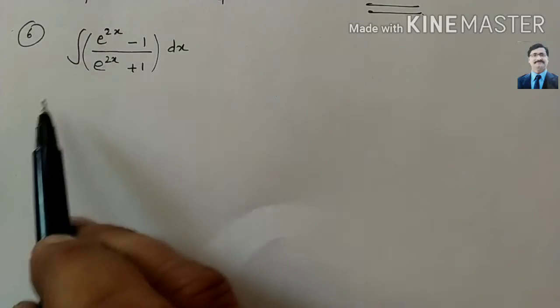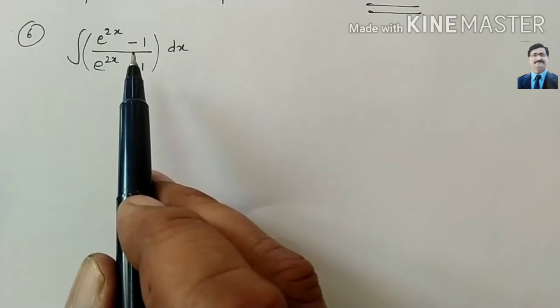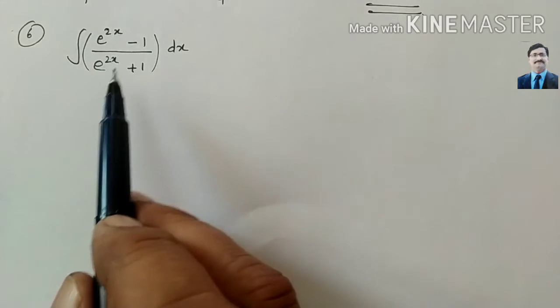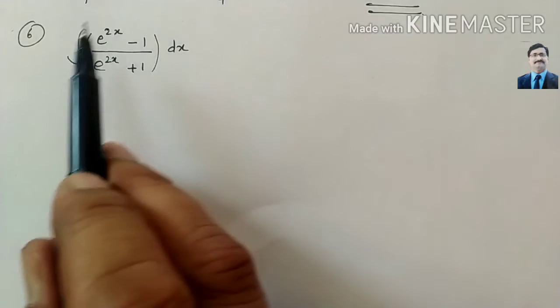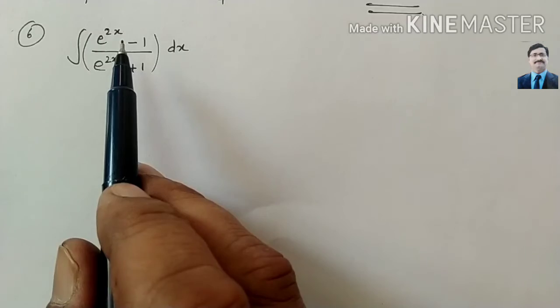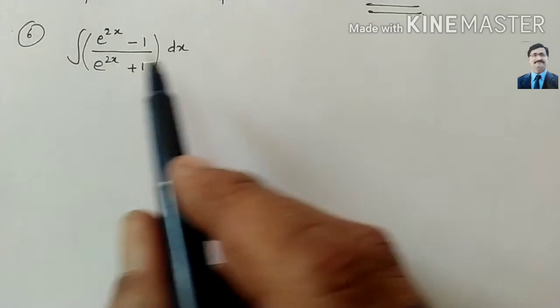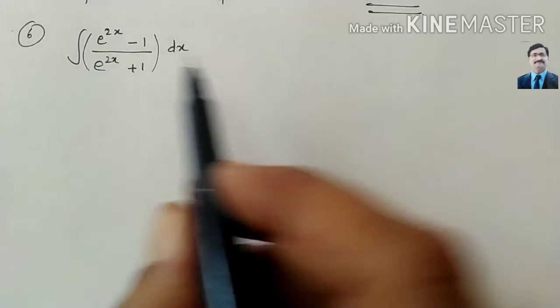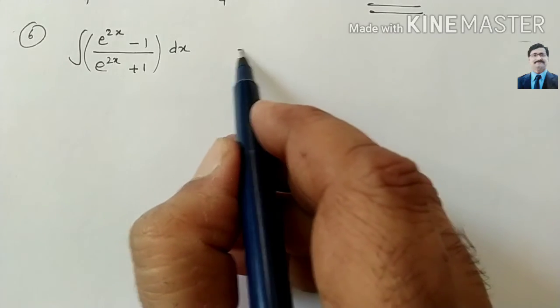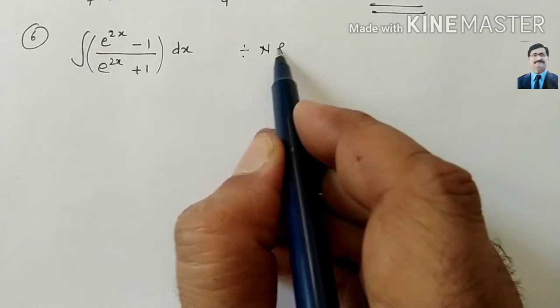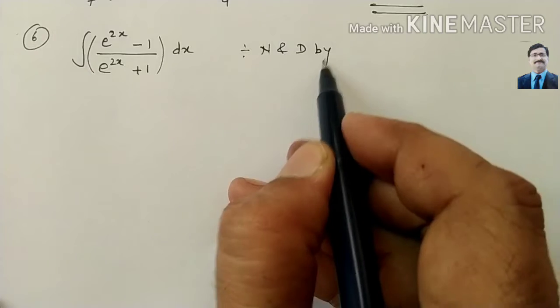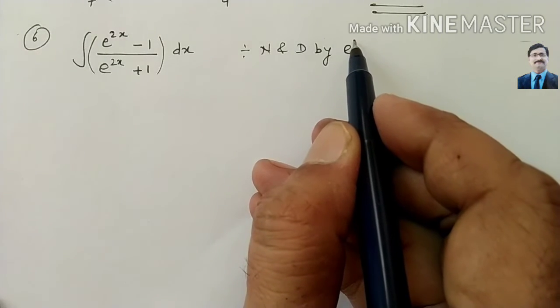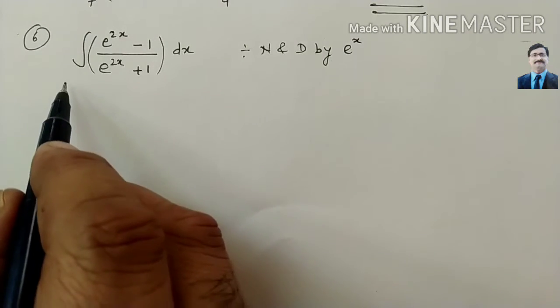Look here all of you, integral of (e^(2x) minus 1) upon (e^(2x) plus 1) dx. This question we have to do, and this is very important also. Here we can divide numerator and denominator by e^x.